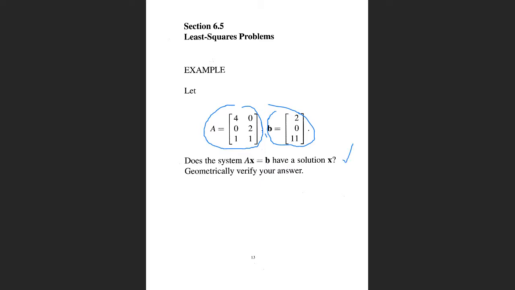Now, let me ask you, for the system AX equals B, how many equations are there? Good, 3 equations. How many unknowns are there? How many variables? 2. Okay, good.